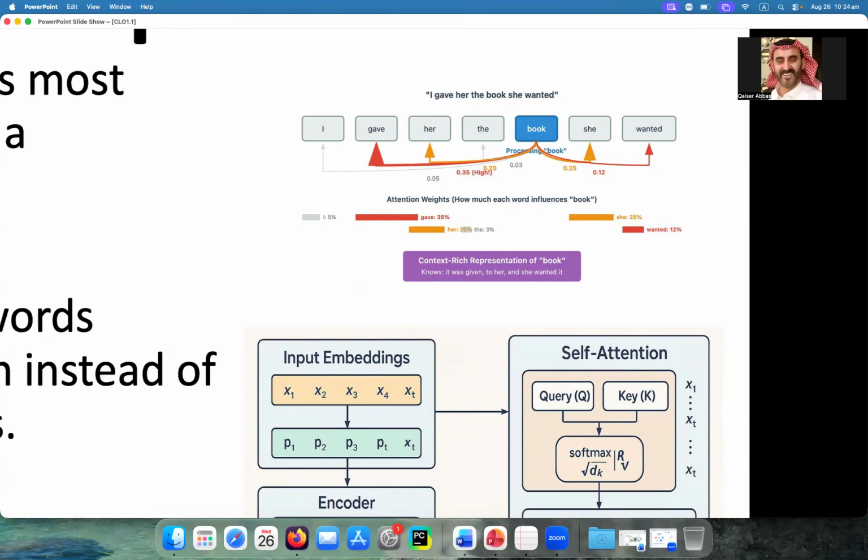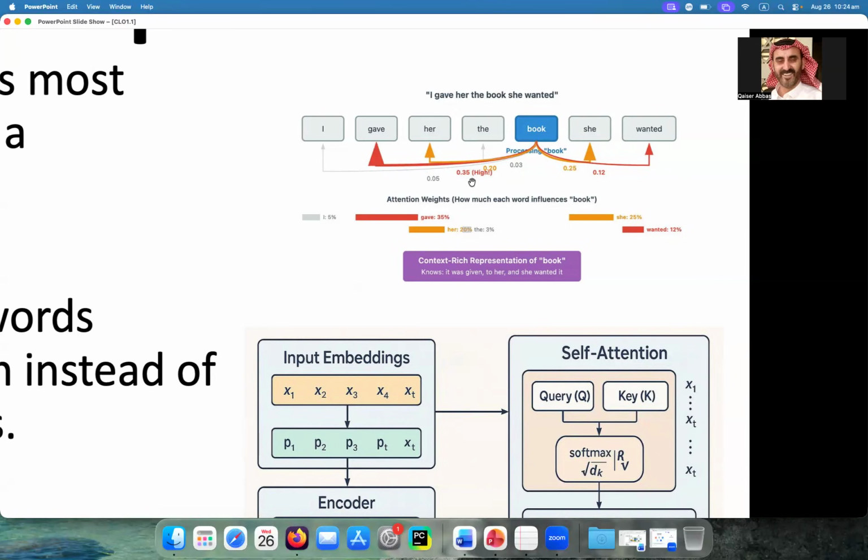Now, if the attention mechanism wants to calculate how much other words have a relationship with the word book, how will it calculate? It will calculate the probability. For the relationship of I with the book, it is displayed with the gray line, and the probability is 0.05, which means 5% dependency, 5% influence.